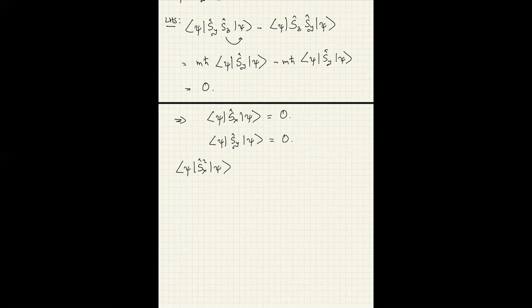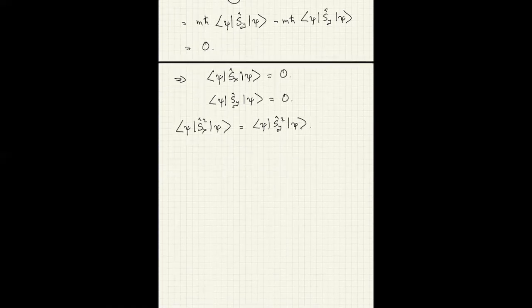Since Sx and Sy are on a similar footing, we can claim that the expectation value of Sx square is the same as that of Sy square. What we cannot claim is that this expectation value is 0. We have to figure it out. Just because the expectation value of Sx is 0 doesn't mean the expectation value of Sx square is also 0. In fact, it will turn out that it is not 0.